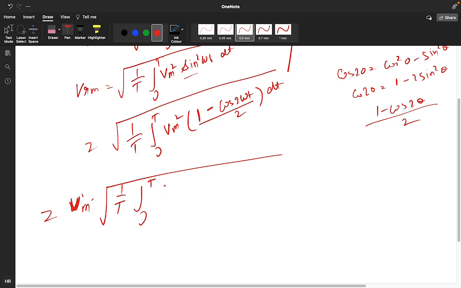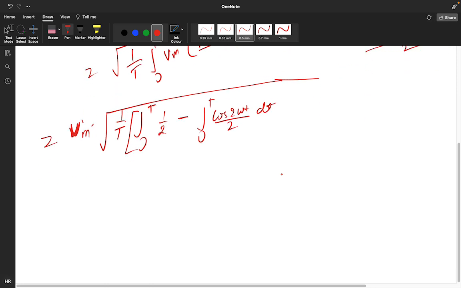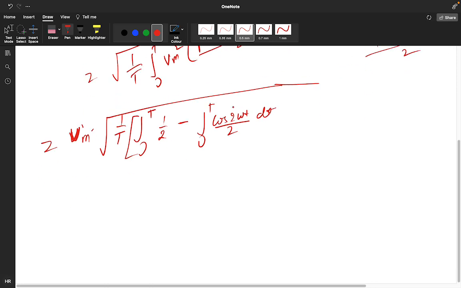We get 1 by 2 minus integral 0 to T of cos 2 omega t by 2 dt. So what is this? This is your average value over 0 to T, so it will be 0 only. The average value of any trigonometric function over a period will be 0. Solve it and you will get 0 only.